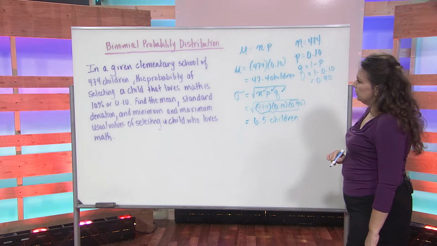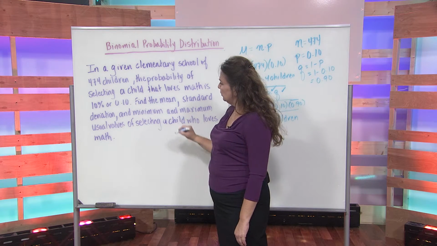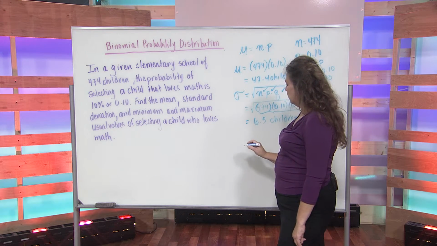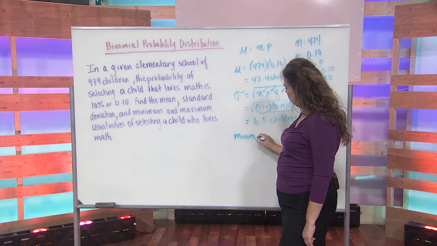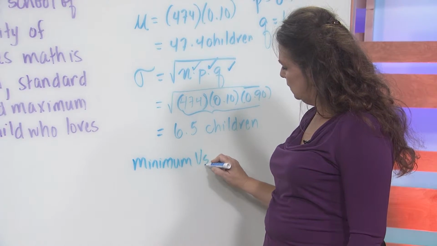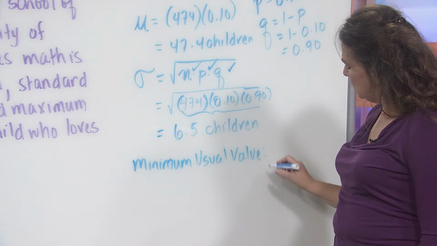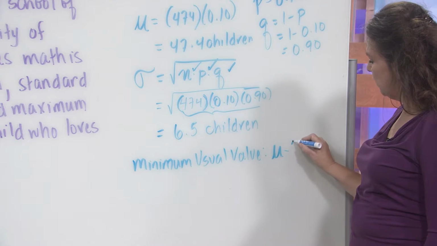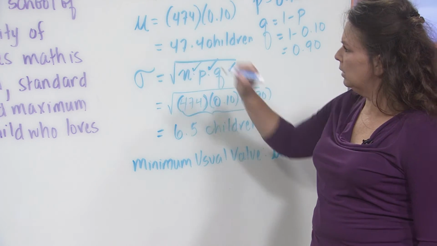Now we want to compute next and lastly our minimum and maximum usual values. The minimum usual value is given as the mean minus 2 times the standard deviation. We know what our mean is.